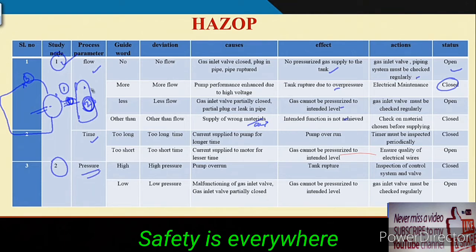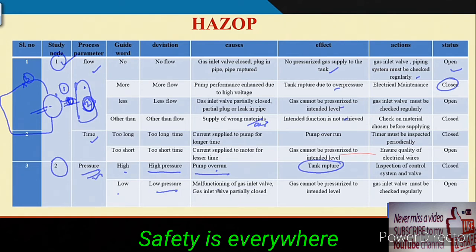Now, this tank, I think the important parameter is pressure, and its guide words are high pressure and low pressure. High pressure, what are the causes? Because of pump overrun. If high pressure condition, a tank rupture will take place. So, inspection of control system and valve, that is the recommendation. It is already there.